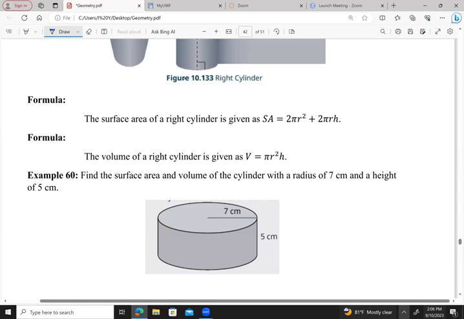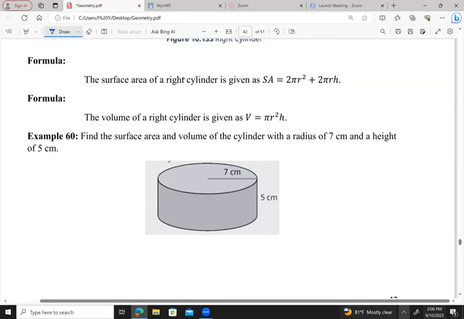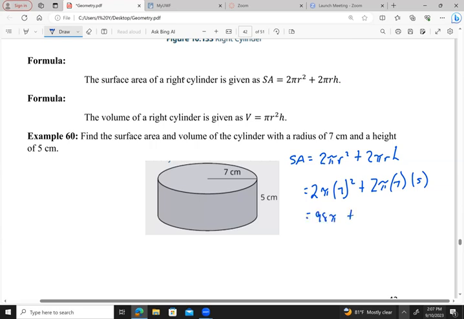So let's find the surface area and volume of the cylinder. So the surface area, as our formula states, 2 pi r squared plus 2 pi r h. Well, we have 2 times pi times 7 squared plus 2 pi times 7 times 5. This is 98 pi plus 70 pi, 168 pi.